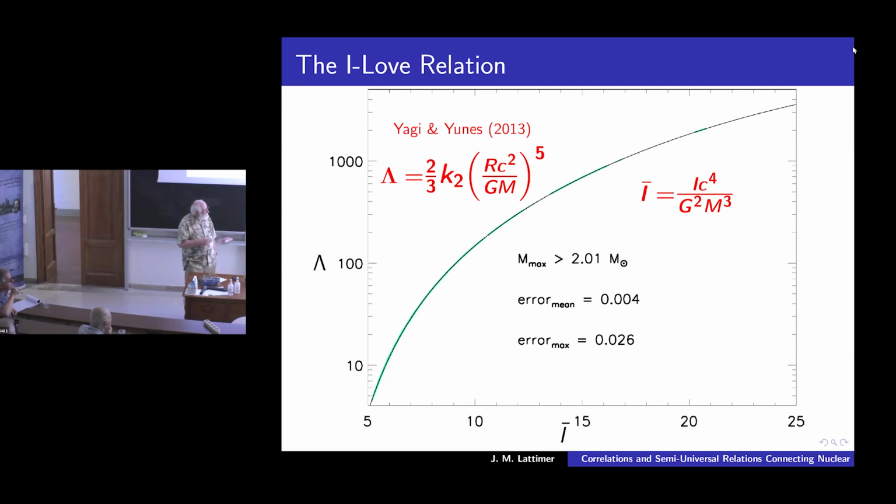So this is a spectacular correlation that comes about. The tidal deformability here is a combination of the Love number, which is a dimensionless number, and then there's a compaction factor here. So you can see that the tidal deformability is proportional to a very large power of the radius.